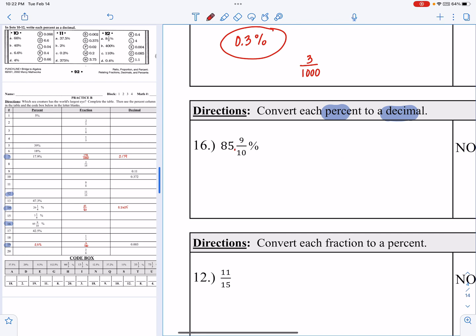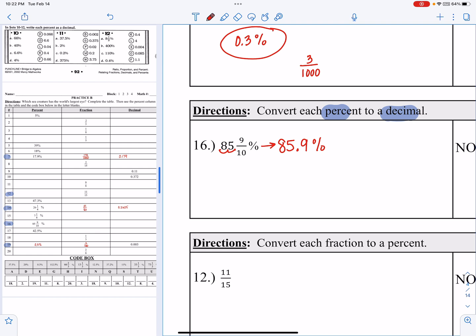Now, if I did this, I'd end up with 0.859, which doesn't make sense, and that's not how we write it. So let's get rid of the 9/10, and let's just rewrite this as 85 and 9/10%. I'm not changing it from a percent to anything. I'm just getting rid of that 9/10 as a fraction and writing it as a decimal. Just making it look different.